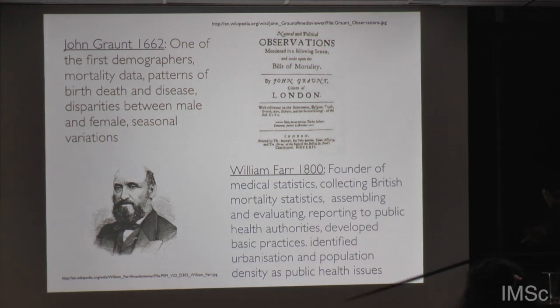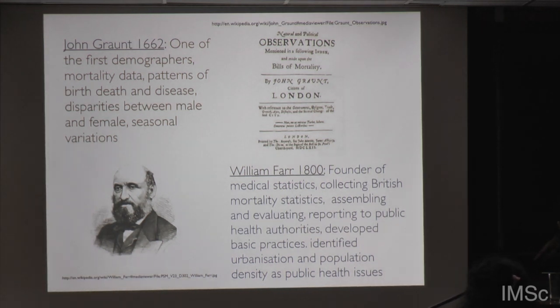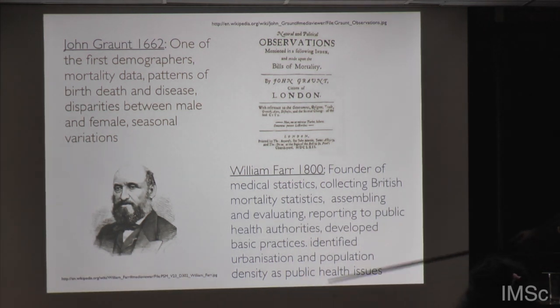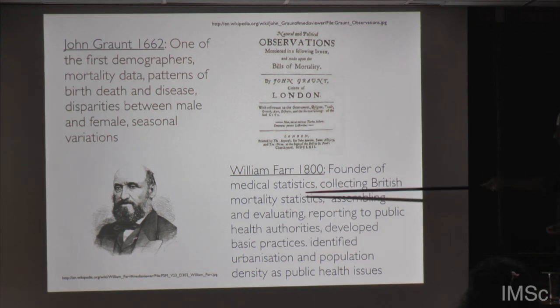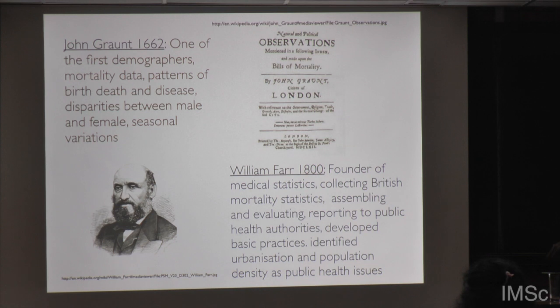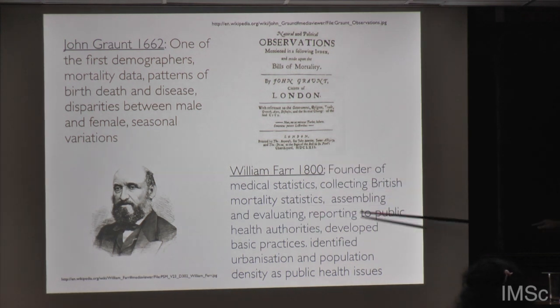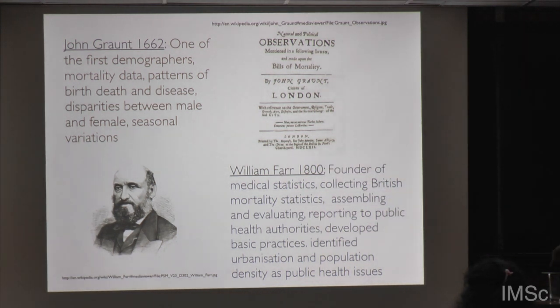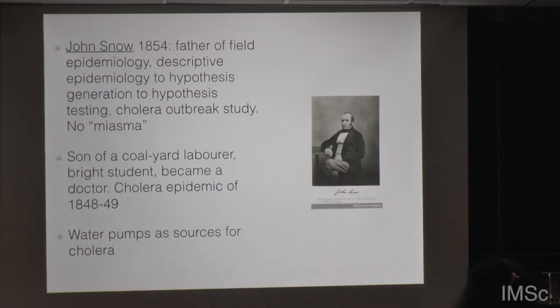Are there differences between male and female? Are there seasonal changes in people falling ill? And Farr is known as the founder of medical statistics and basically looked at who's dying when and where and why. And he introduced a system of reporting to public health authorities and various basic practices that are good. So these are people who set into place good epidemiological practices 400 years ago.